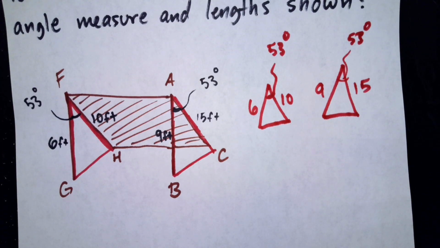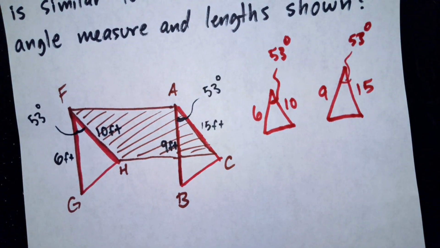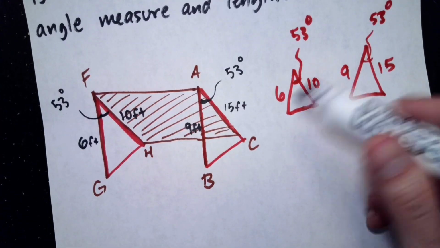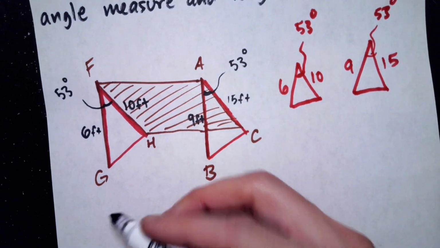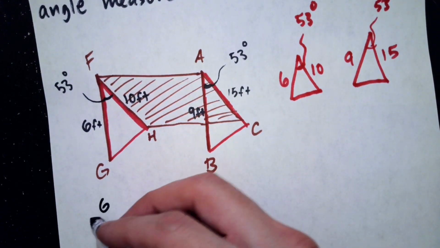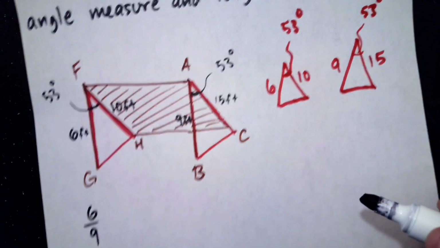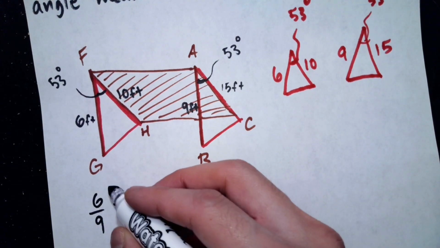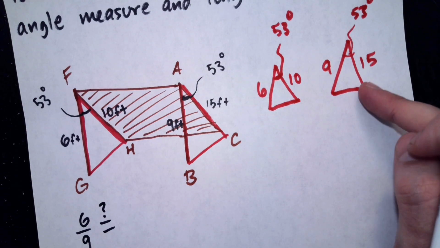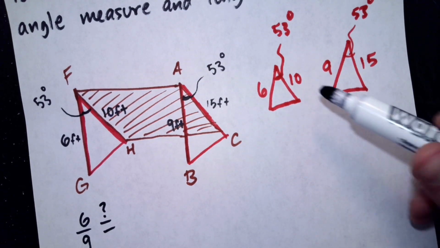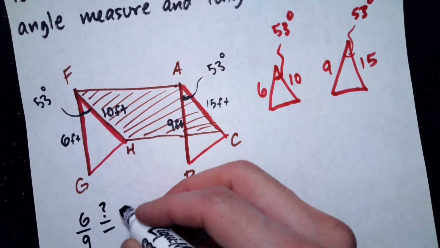So what does that look like? So if these two are similar, we're going to need to have this side and this side correspond. So 6 over 9, corresponding side, should be equal to the other side that they give us, which is 10 over 15.